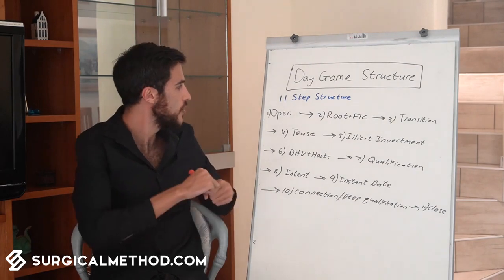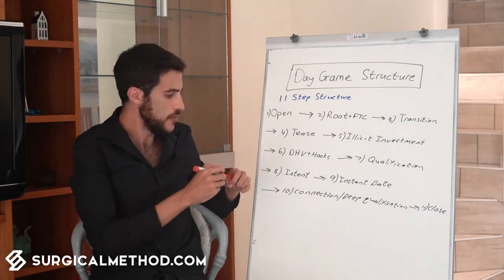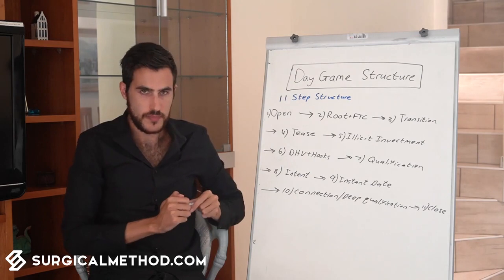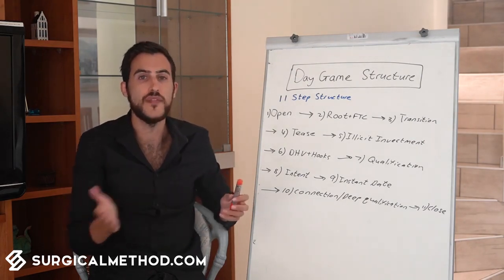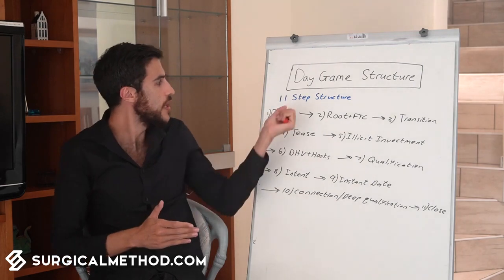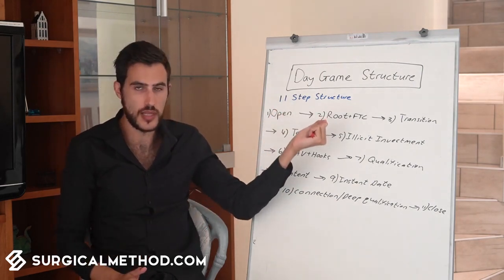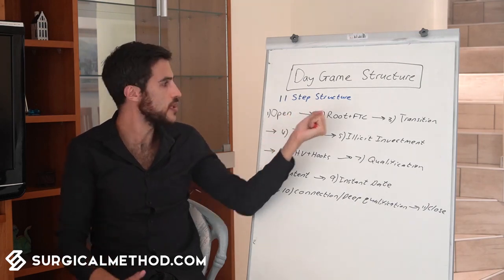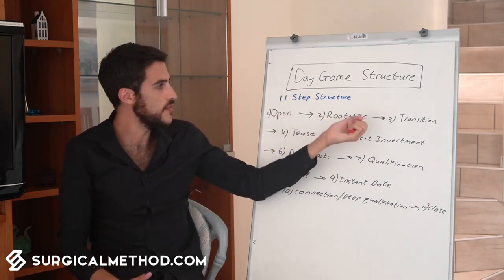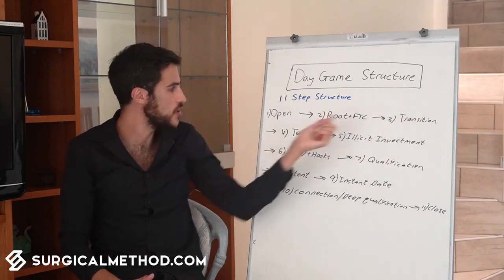So in the beginning, we've got open. Now, you've watched the opening video, so I'm not going to break down too much of opening. And again, if you haven't checked any of these videos out, everything is going to be a lot deeper in the program. If you want to know way more about opening, check out the opening video. Way more about routing, there's a routing video. FTC, there's a comfort video. There's a transition video.